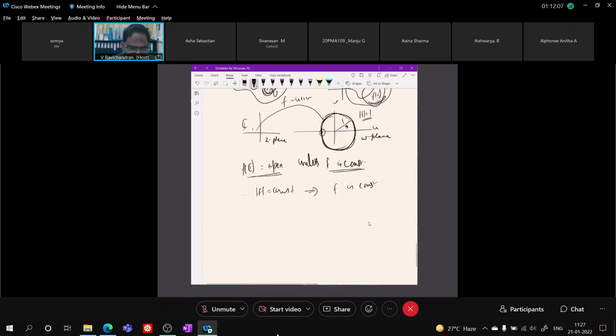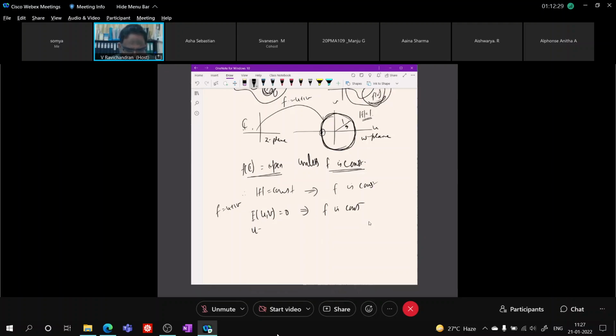Not only that mod f is constant implies f is constant, you can even consider any function of u, v equal to 0, where u and v are the real and imaginary parts of f. f is u plus iv. And you are getting some non-trivial function such that phi of u comma v is 0 implies f is constant. What is this?